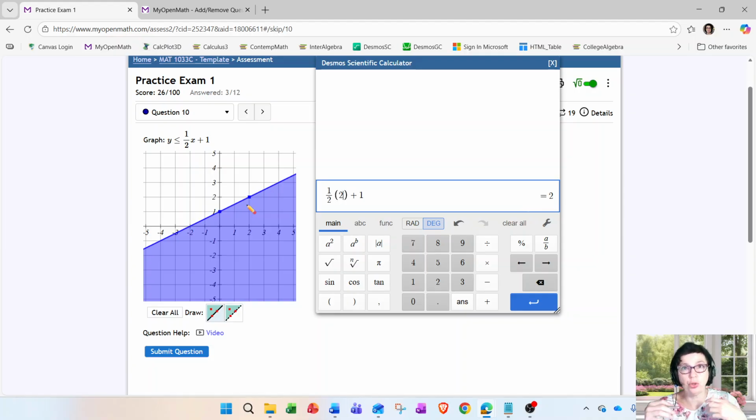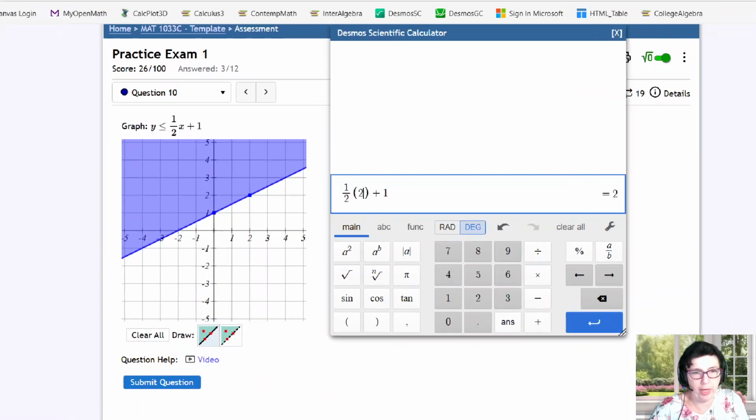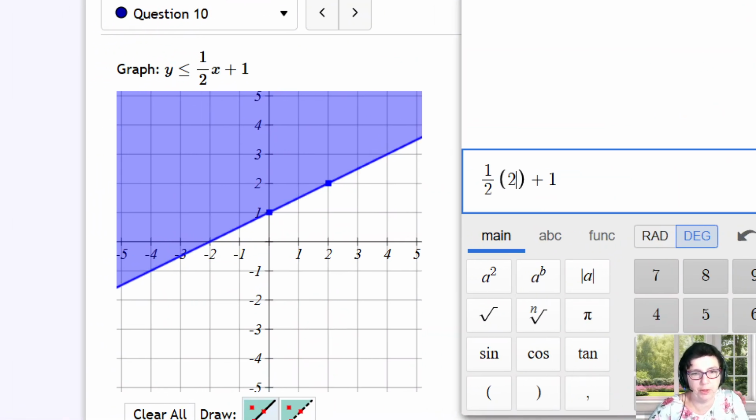If I get a true statement, then I will take that part. So let's take a point, but it cannot be on the boundary. I cannot, for example, take 0, 1 because it's on the boundary. I can take any other point. So I will go ahead and take 0, 0 because it definitely is not on that line.